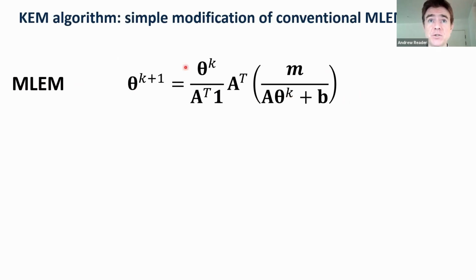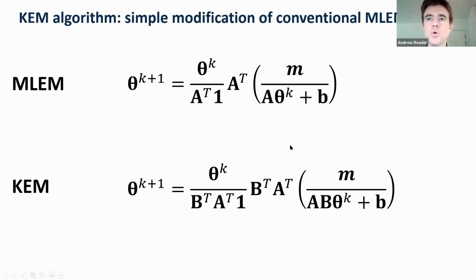So this is the standard algorithm. In previous talks, I've been using X for the image. There's one subtlety here now that I'm using theta. These are parameters that, if we're dealing with pixels, are just the coefficients or amplitudes for pixel or voxel basis functions. And you'll remember this algorithm is just forward projection, ratio, back project, multiply.